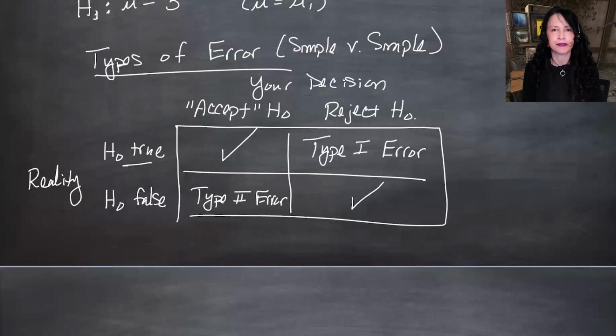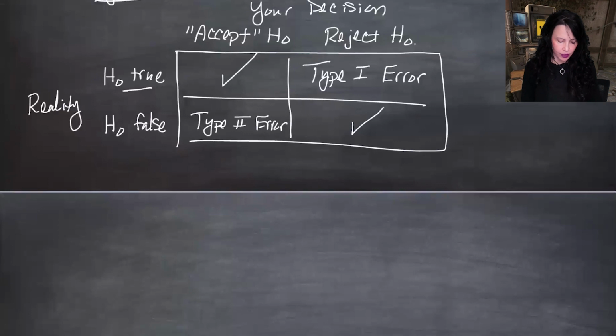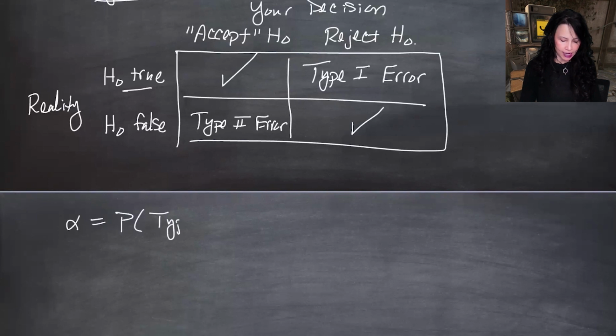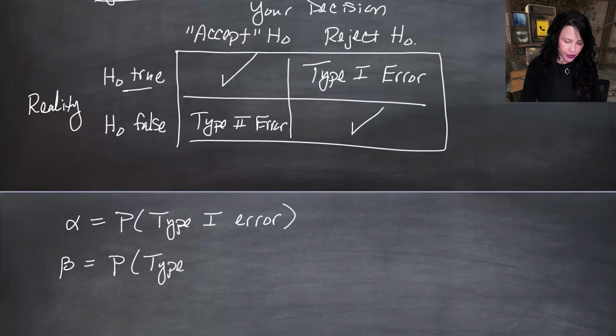A little squished. Alpha, we're going to use to denote the probability of making a type 1 error. And beta is usually used to denote the probability of making a type 2 error.